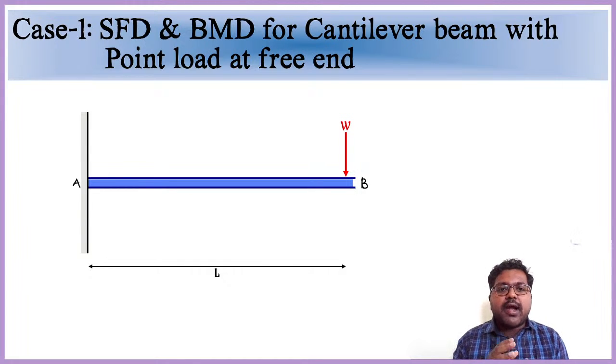So we have to find support reactions first of all. Whatever the shear force diagram or bending moment diagram, for whatever beam it is, either a cantilever beam or a simply supported beam, or an overhanging beam or fixed beam, whatever the beam may be, first we need to find support reactions. Then only the system is in equilibrium.